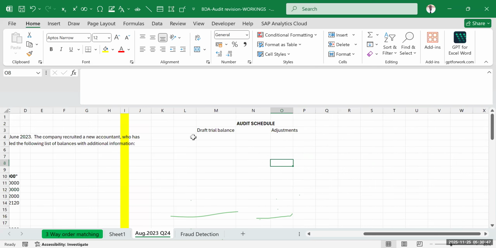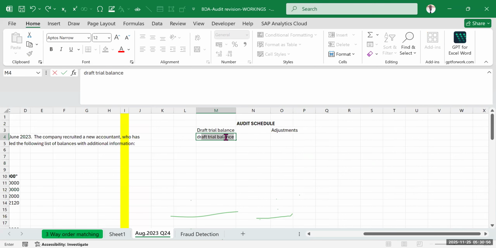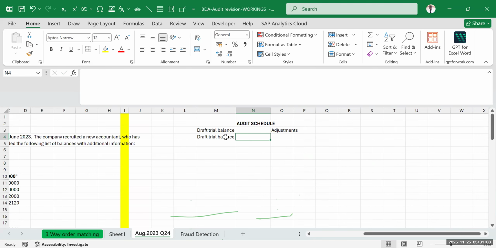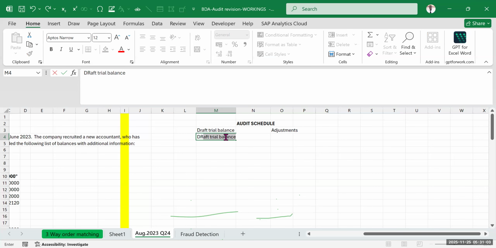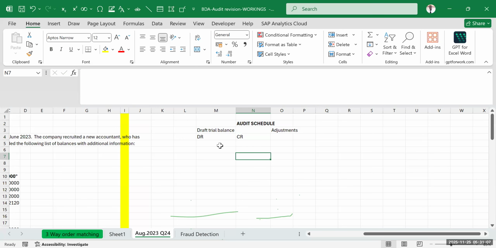So a trial balance has both the debit and credit side. So I will simply come up with the debit and credits, because that is the basis of preparation of this. Those are the entries that we will do, the debit and the credit entries. We start with the draft trial balance like that.